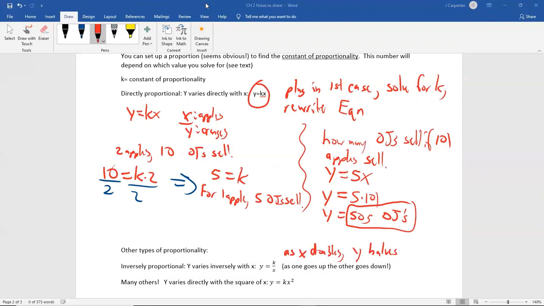Or no one really wants to do that. We're not usually casual drivers, right? So let's say you wanted to decrease the time to make that 10-mile drive. If you want to get there quicker, that means you're going to have to increase your speed. So speed and time are inversely proportional for covering the same distance, because as one goes up, the other is going to have to go down. If you want the time it takes to go down, your speed's going to have to go up.